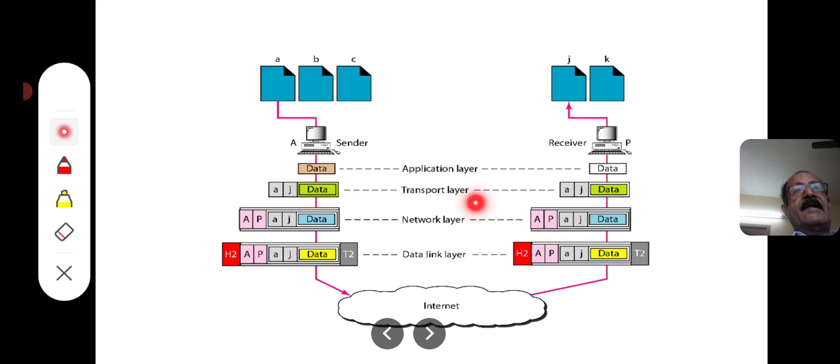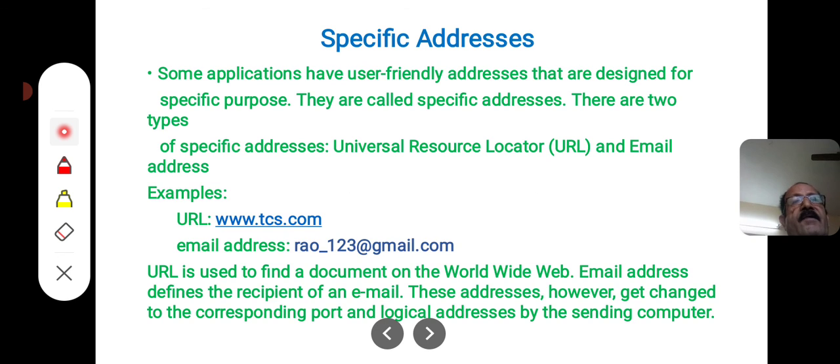The network layer identifies the logical addresses. Transport layer identifies process addresses. So it is from process A to J. So data should go to J. Then application layer takes the data and sends it to the process J on receiver side.